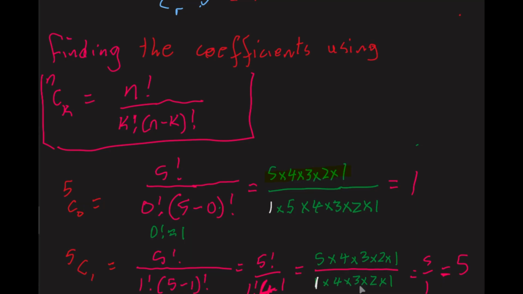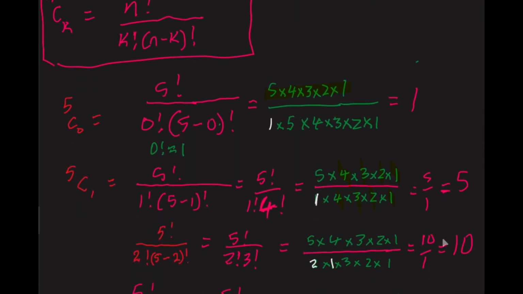And if we divide like terms into each other, the 4 times 3 times 2 times 1 divides out, so you're left with only 5 over 1, that is equal to 5.